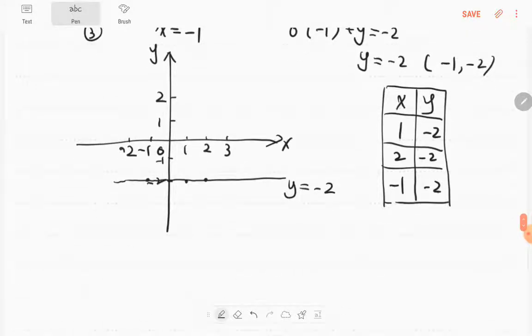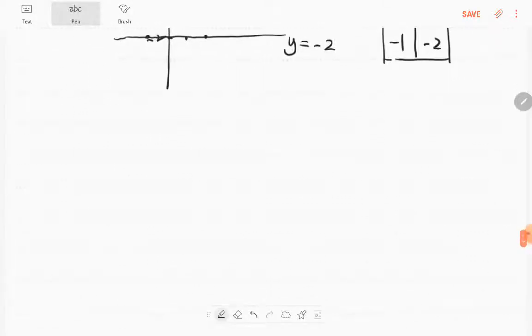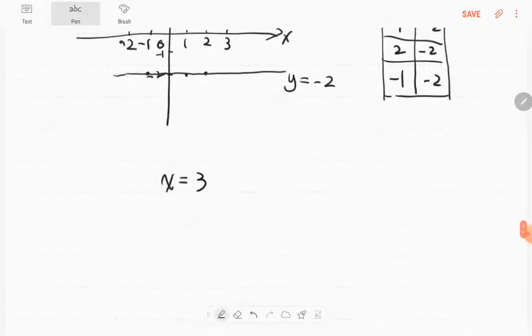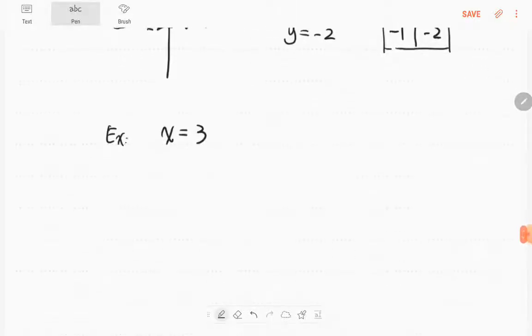This is how we draw a graph that only has an x term or only has a y term. So for example, this time we want to draw the graph like this way. x equal to 3. We want to graph this one.